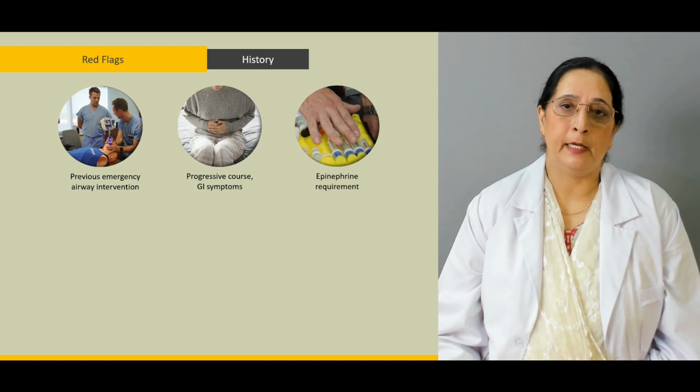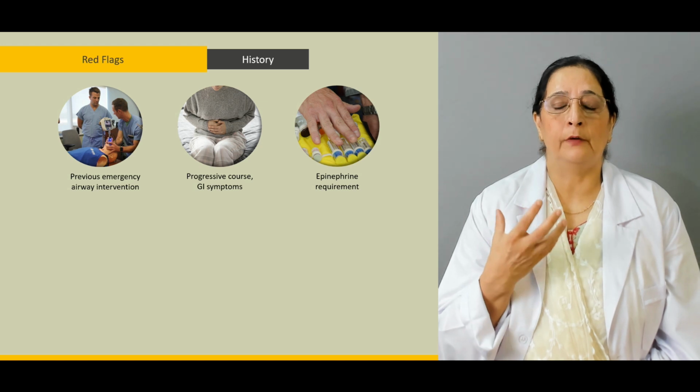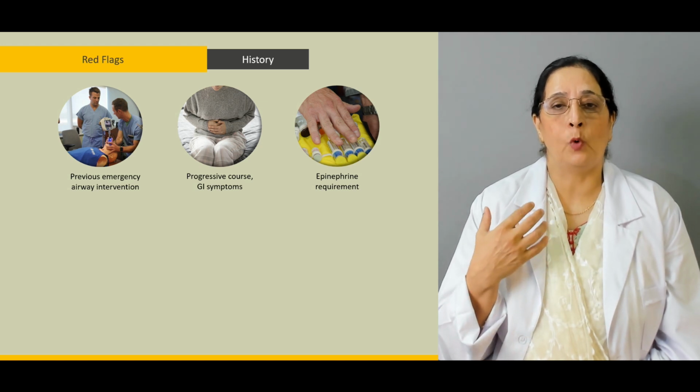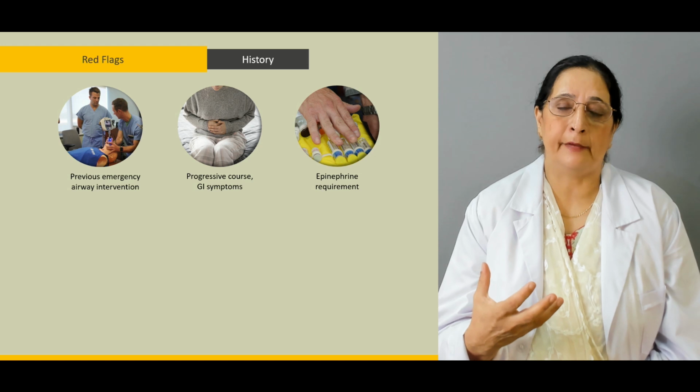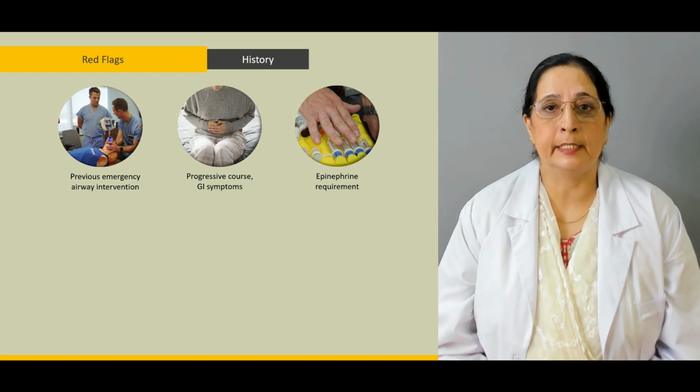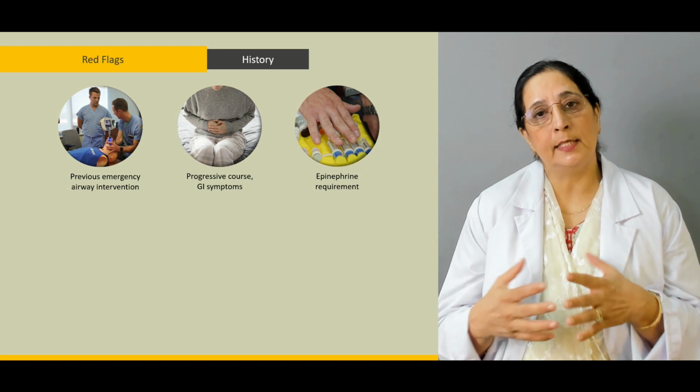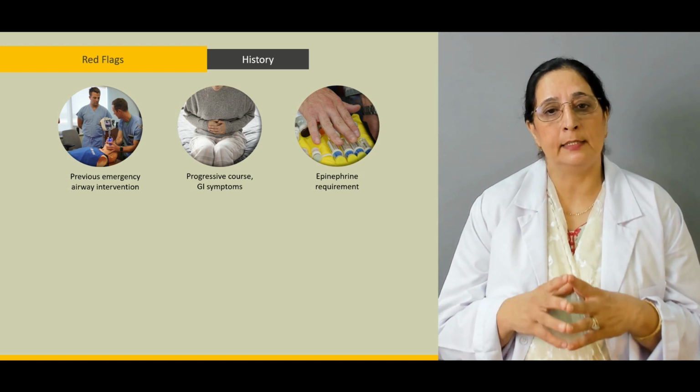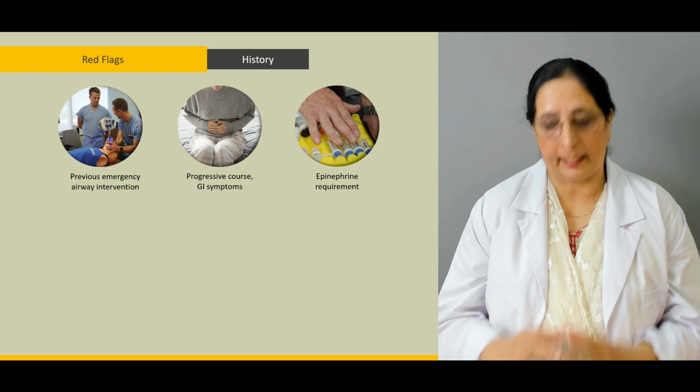Epinephrine requirement: if there is a history that the patient required or used epinephrine, epinephrine is effective against anaphylactic reaction. So if there is a previous history, that's also a red flag.